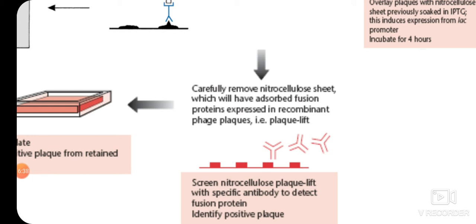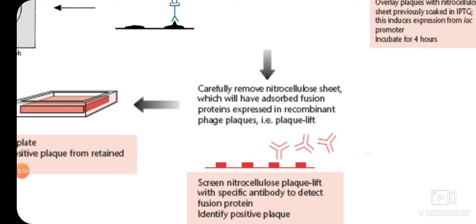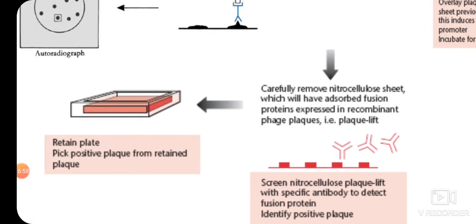chromogen. Now when these antibodies are added to this nitrocellulose membrane, they specifically bind only to that region of the membrane which carries the fusion protein. We can incubate for some time and then wash off excess antibodies.